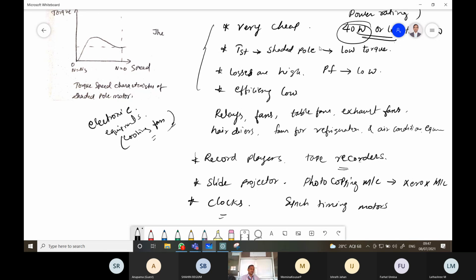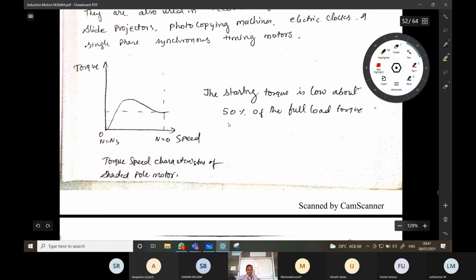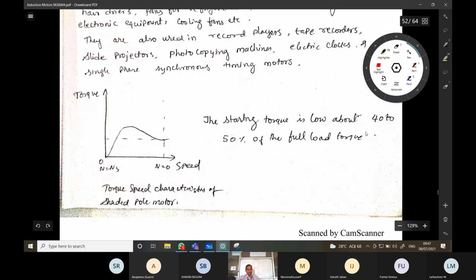Now we will discuss the performance and cost comparison of different types of induction motor, and the torque speed characteristics of the shaded pole induction motor. That shows the starting torque is very low, about 40 to 50% of the full load torque.